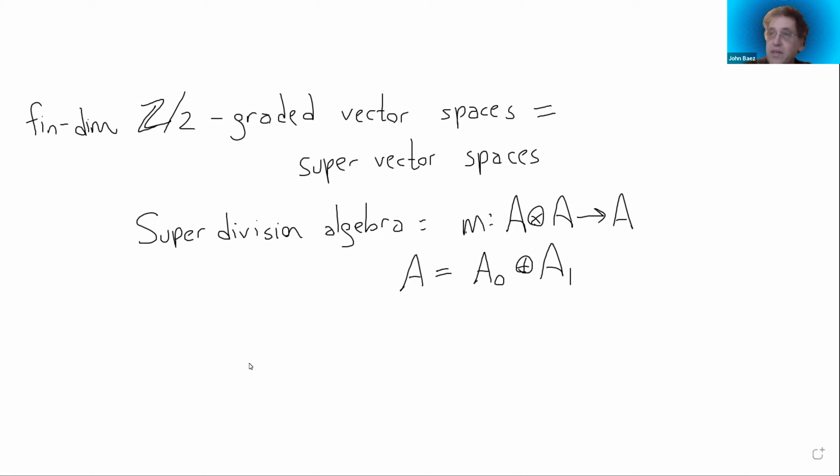And what makes it be division is that multiplying by a homogeneous element, an element that's either in here or in here, can't annihilate anything unless that homogeneous element is zero. So I could just say it has no homogeneous zero divisors.